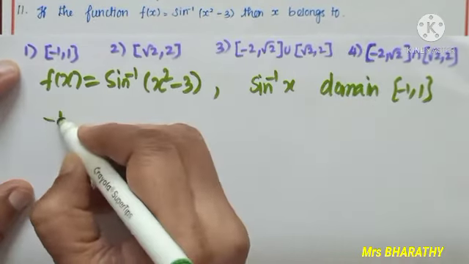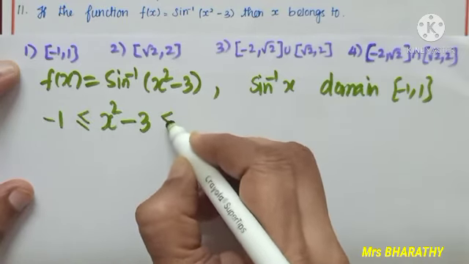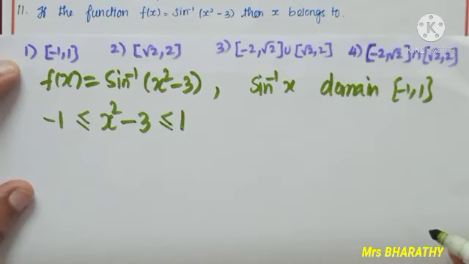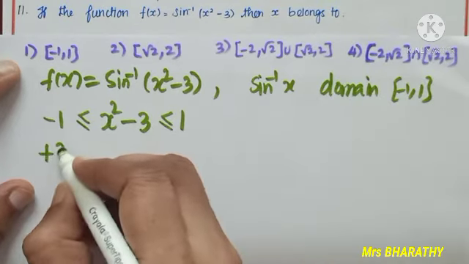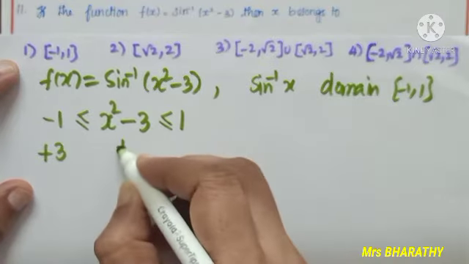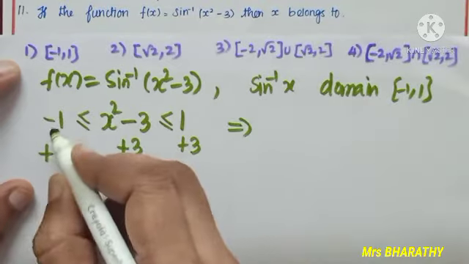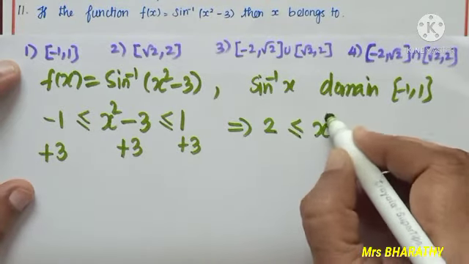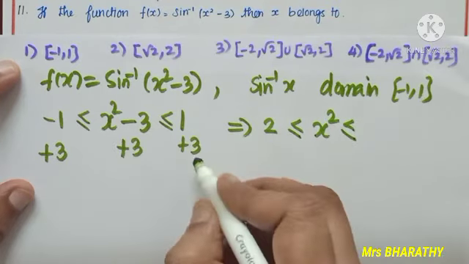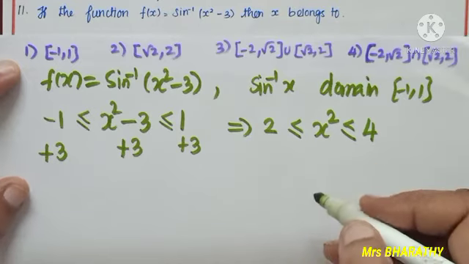So we say minus 1 less than or equal to x square minus 3 less than or equal to 1. Taking minus 3 to the other side, or I will say adding 3 everywhere, I get minus 1 plus 3, 2, less than or equal to x square less than or equal to 1 plus 3, is 4. I want x.